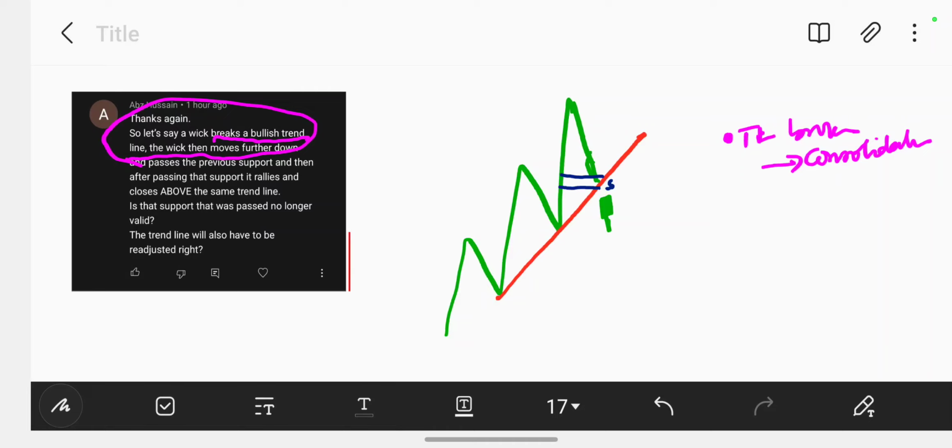We are now in consolidation. And then if the price goes down and breaks support, it means now we're going to downtrend. So these are the things that you need to take note of as you're going down.